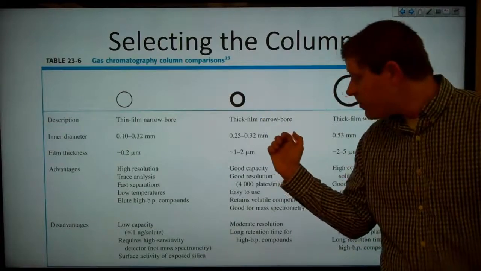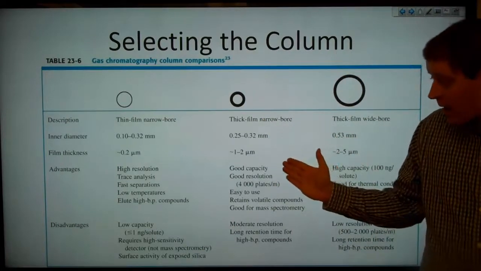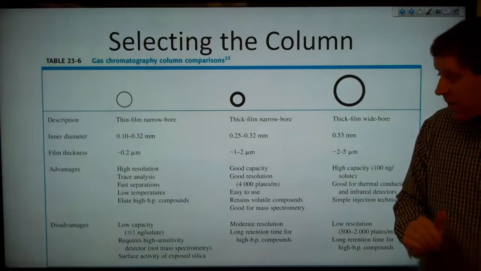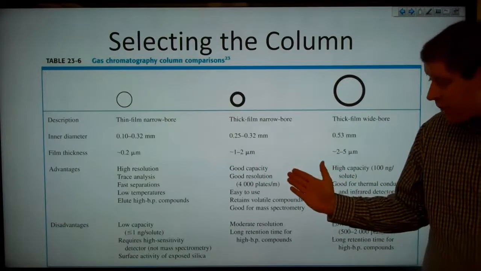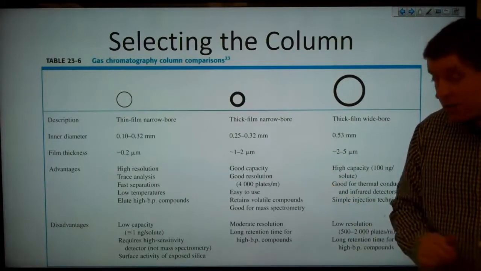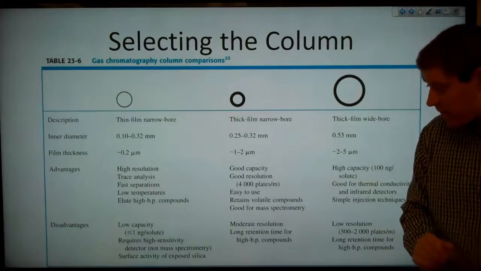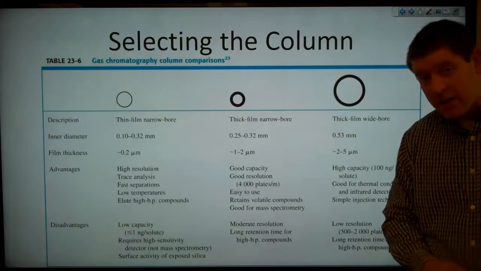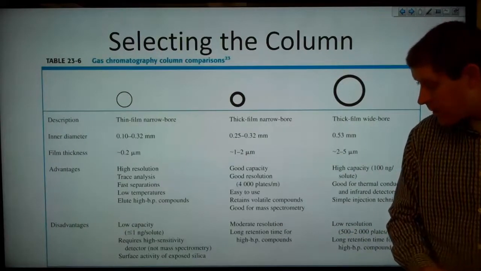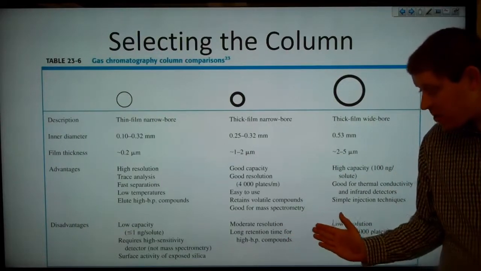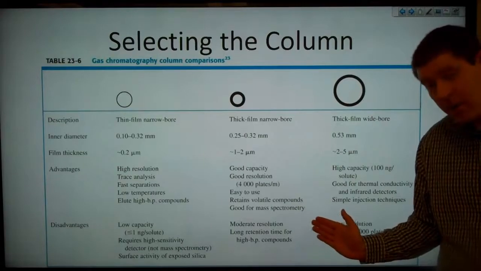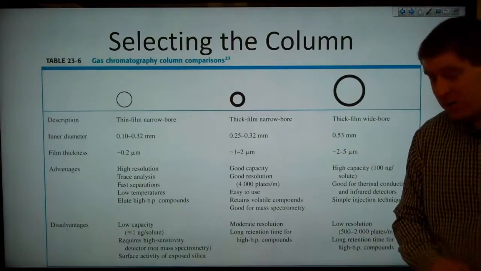With a thick film, narrow bore, we have a higher capacity than in the thin film. We have good resolution. It's relatively easy to use. It retains volatile compounds, and it's good for mass spectrometry.